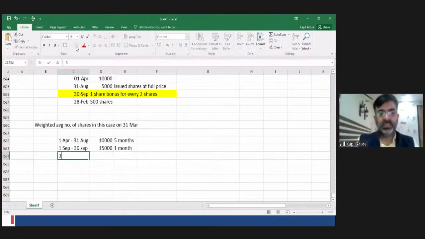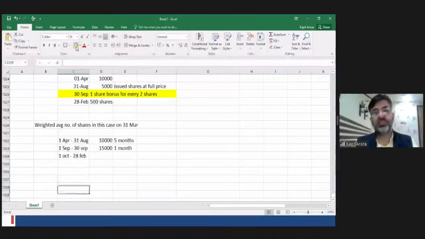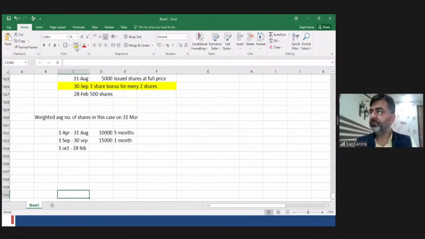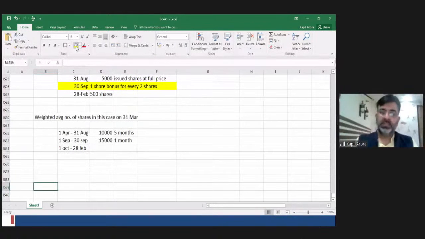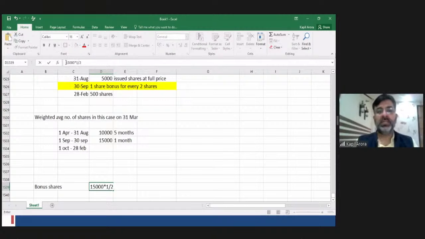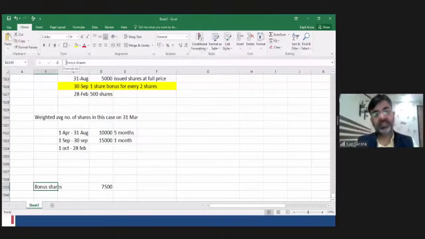Then from 1st October till 28th Feb, how many shares have we given as bonus? Bonus shares are 1 for every 2 shares. So I have 15,000 shares, and I will do 1 by 2, so my bonus issue would be 7,500.